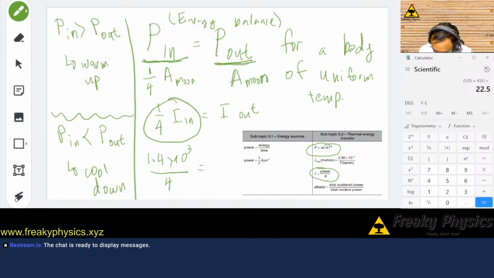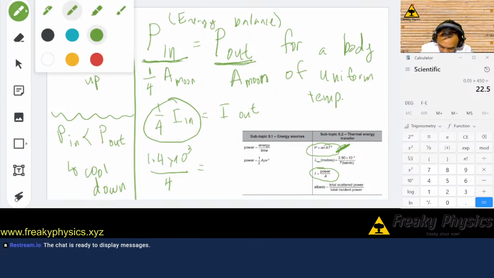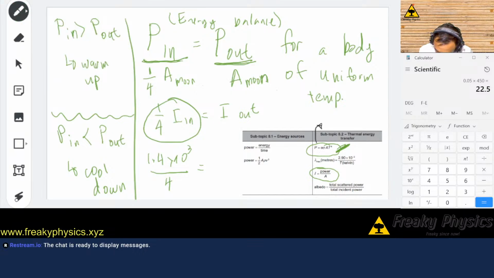Now, here is the idea. Let me rewrite that real quick and make it a bit bigger. Power equals e sigma A T to the 4. This is the emissivity, which we've discussed before.